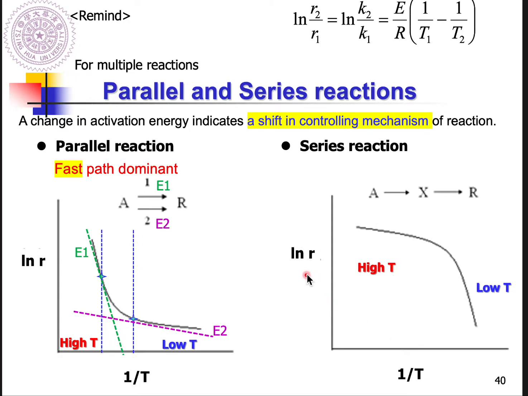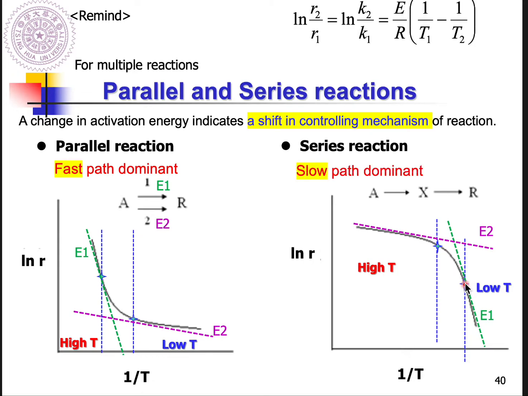if after measuring the consumption rate at different temperatures, I also get a curved line, but it turns out that after fitting, it is always the slowest reaction, the slow path, that dominates the whole reaction. So a dominating slow path tells you that the relationship between reaction 1 and reaction 2 is a series reaction, right?